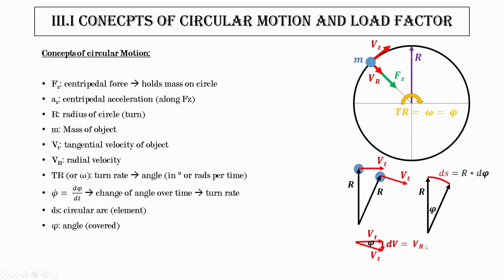Yeah, and in terms of velocity, we can find that Vt, the tangential velocity, is basically the change of velocity. Again, here, same example, we have the velocity Vt at this point, at t0, pointing directly east, if you will. And a short increment later, we have the velocity still at the same magnitude.